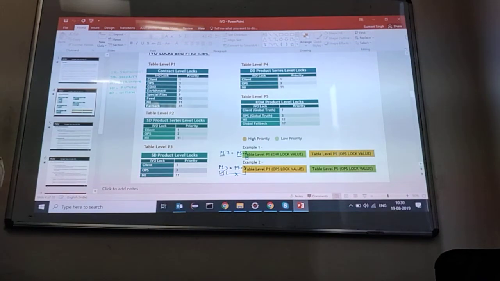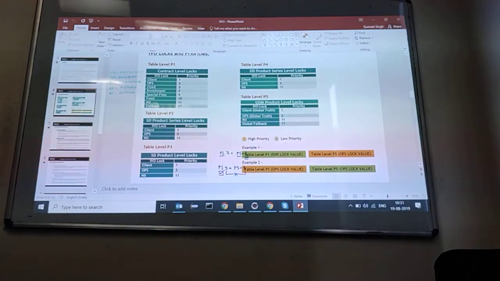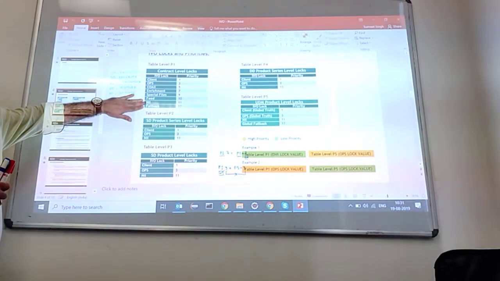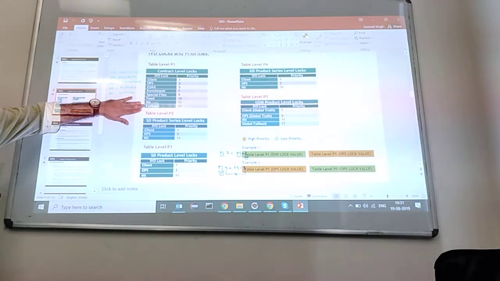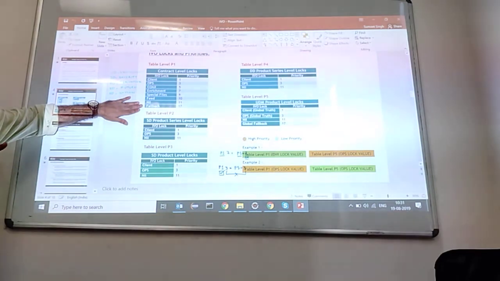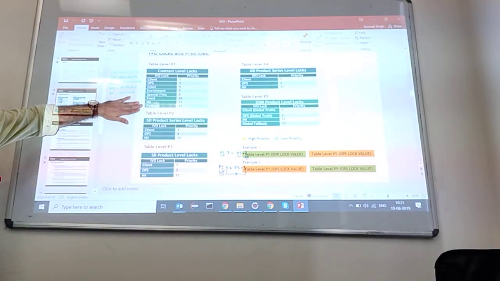So for example, take contract size. Contract size is coming from field, and contract size is getting persisted at contract level in the derivative table, without any log, because there are no two values for contract size.